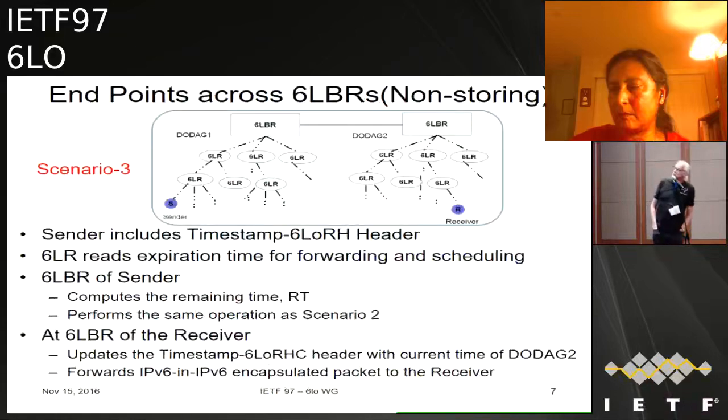And finally, I think this is actually exactly the same computation. I don't think there's much difference involved with that. Well, I'll take that back. The difference is that the networks internally are synchronized, but they don't actually have the same time between the two networks. So in order for this to work, the two 6LBRs at the top have to know the time difference in the synchronization between the two networks.